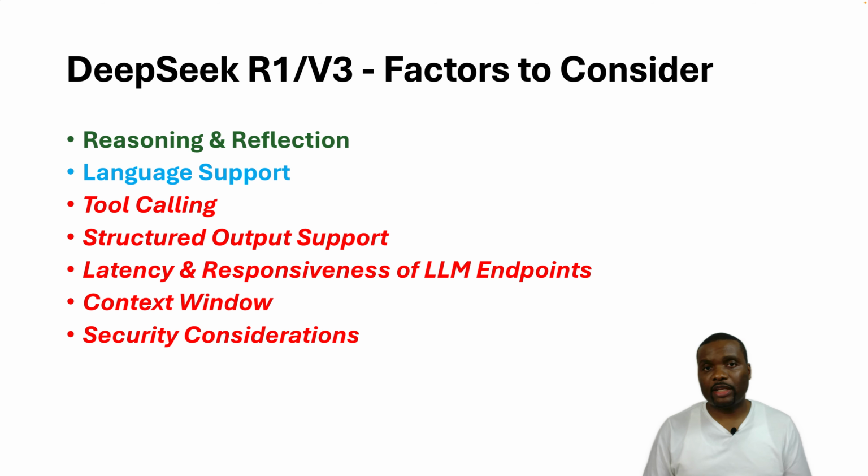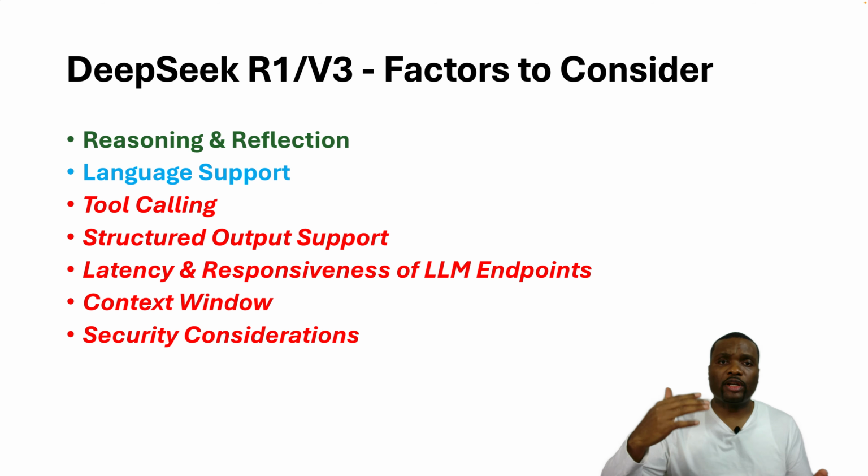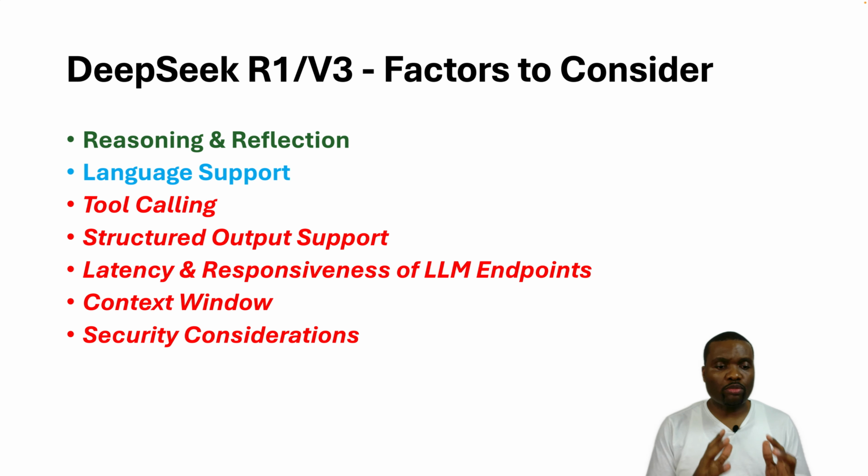If you take a look at the news recently, over 1 million API keys from customers of DeepSeek, the hosted version, were exposed by security researchers. And this is a very big problem. You don't want to be in this scenario in production at all. So make sure that whatever authentication and authorization mechanism you're using to communicate with the endpoint for DeepSeek allows you to use managed identities to do that.